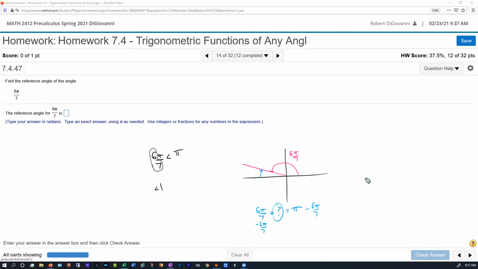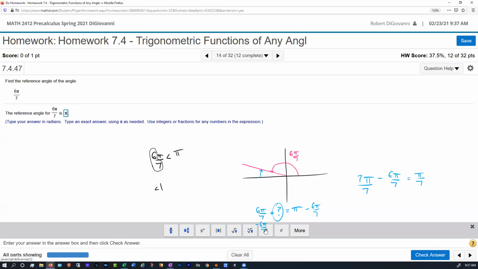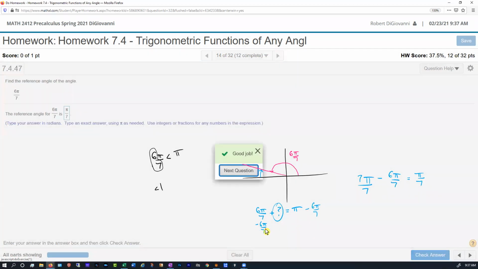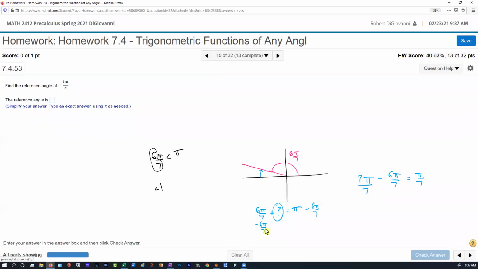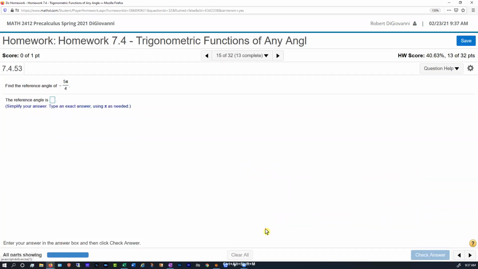So I really just need to take pi and subtract 6 pi over 7. I'll get a common denominator, so I multiply top and bottom by 7. When I subtract, 7 pi minus 6 pi is 1 pi, so pi over 7. Pi divided by 7. There we go. So it's important to be looking at the number in front here.